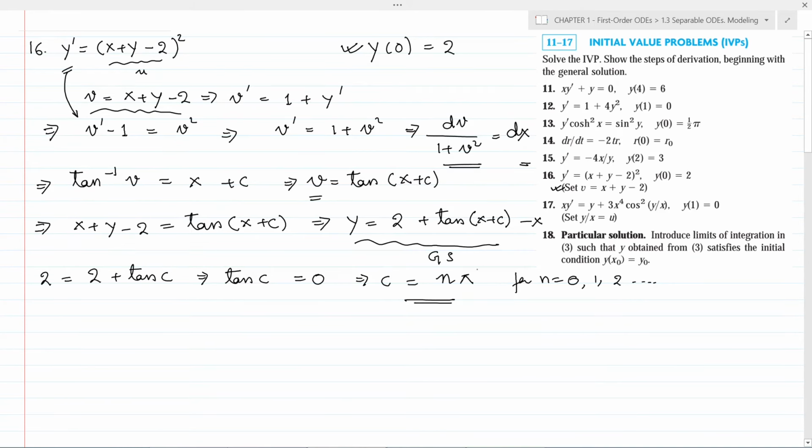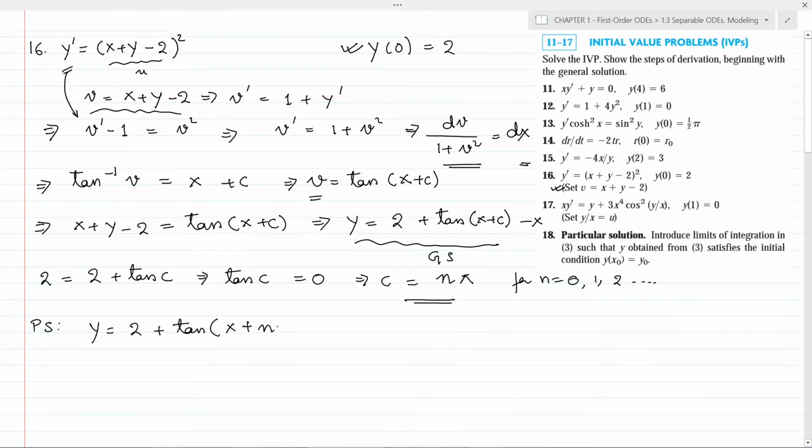The particular solution is y = 2 + tan(x + nπ) − x for n = 0, 1, 2 and so on. If we take n = 0, then the solution will be 2 + tan x − x. However, the solutions for other values of n are also valid.